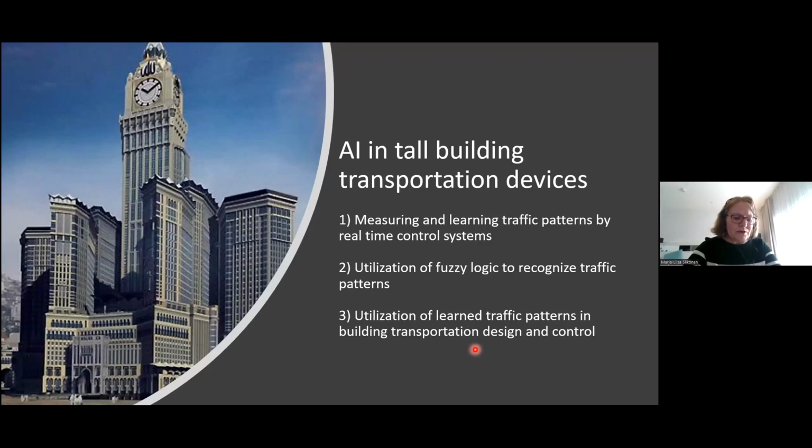The first ones were already 30 years ago in tall buildings, and how we understood artificial intelligence there was that it learned the traffic of the building by real-time control systems, and then utilized fuzzy logic to recognize traffic patterns. And later on, we used these traffic patterns also in design and in control, forecasting future traffic.